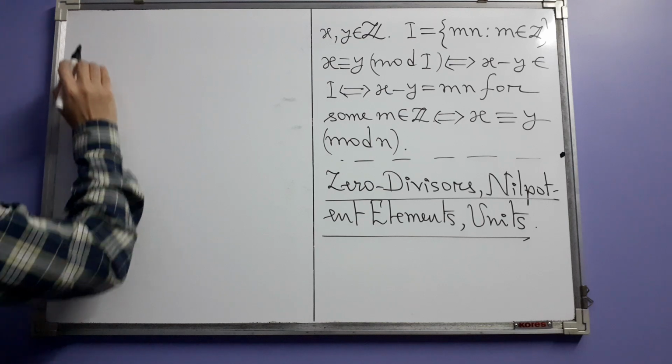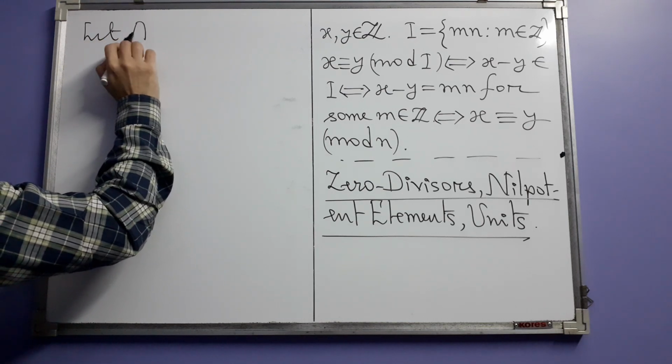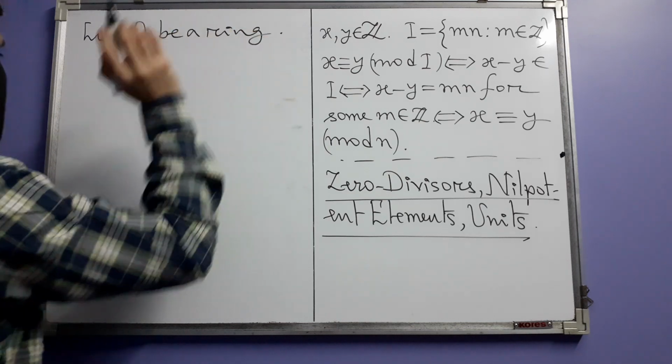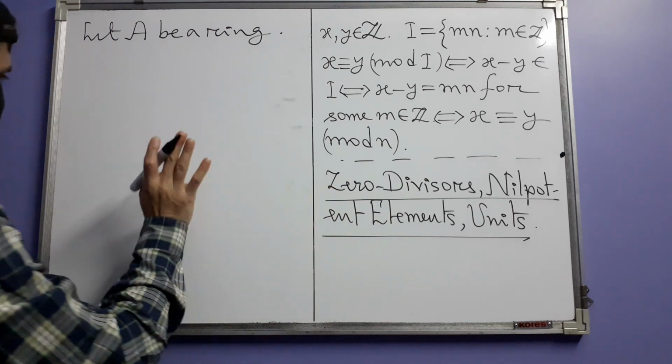Alright, so let's start with zero-divisors. Let A be a ring. That means A is a commutative ring with identity element. It's understood.